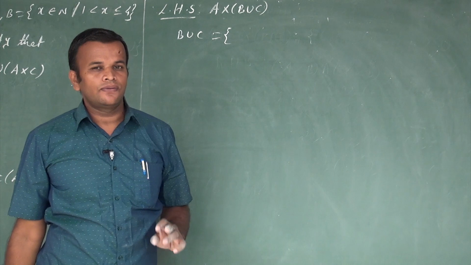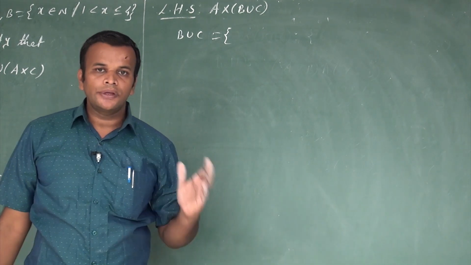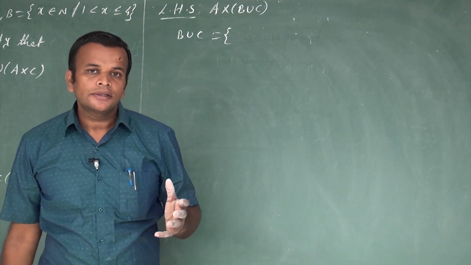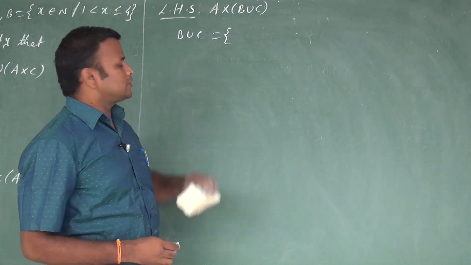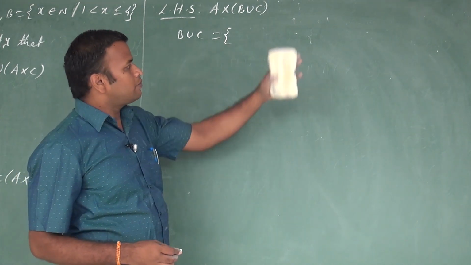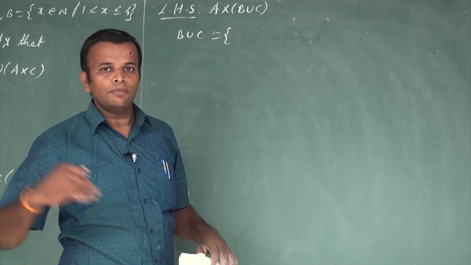You know the nature of union. Union means we write all the elements that occur in B and C, but repetition of elements does not occur. So in B union C, we can write the elements in any manner, but it is easier to write in ascending order, from small number to big number.